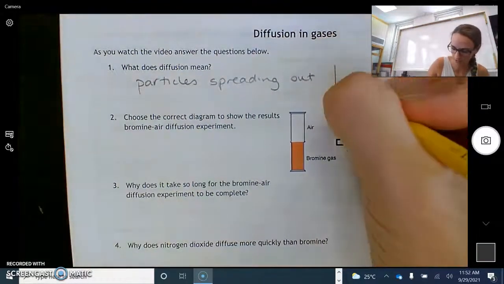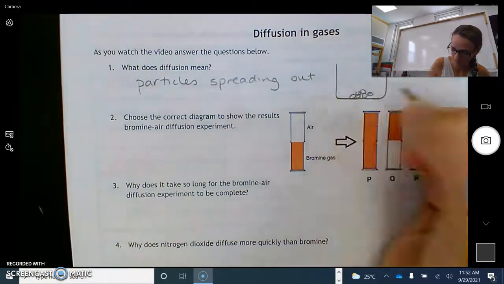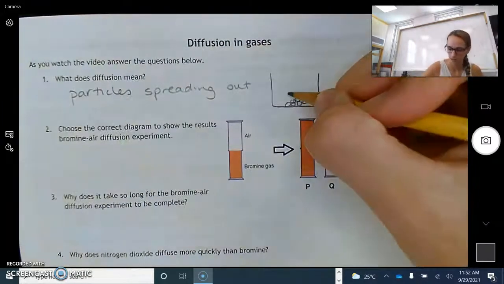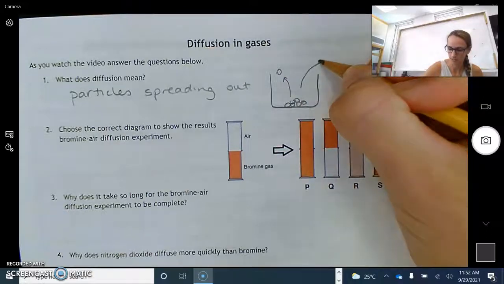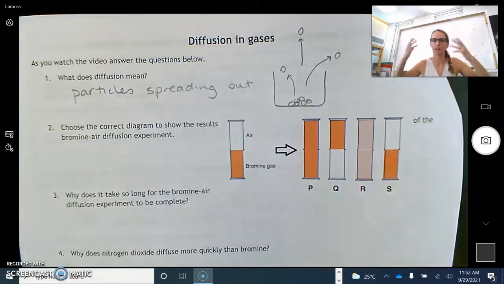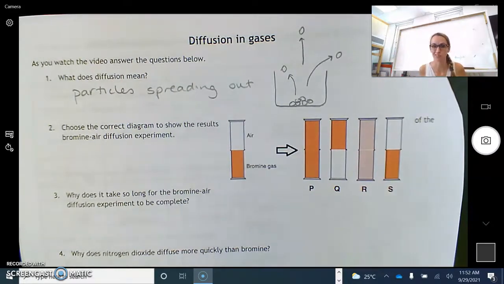So if you have a bit of perfume and you open the lid of the bottle, the particles will slowly spread out to fill the room, and eventually you'll smell that lovely perfume. Anytime you smell something, it's because the particles diffused away from the source to your nose. It only works if particles are a liquid or a gas, because they have to be able to move. Solids can't really diffuse because they're stuck in place.